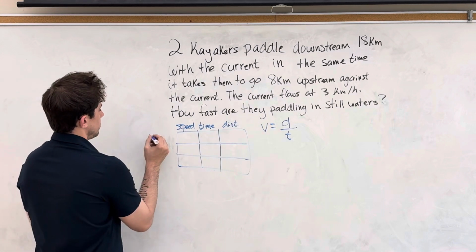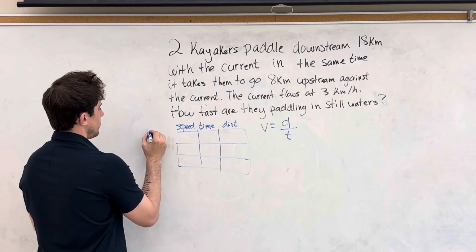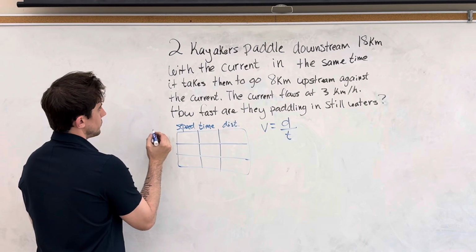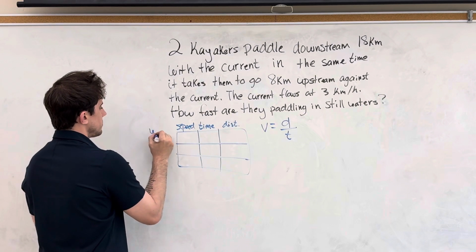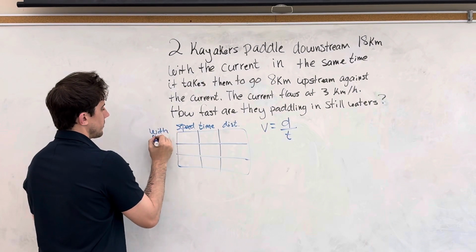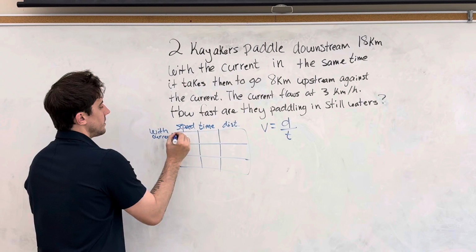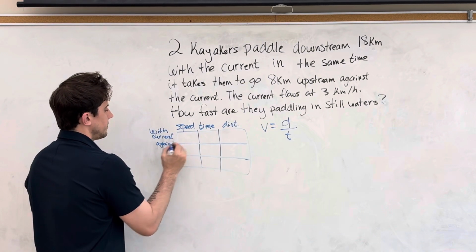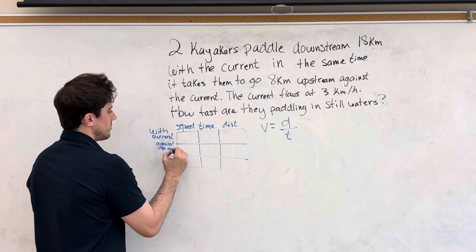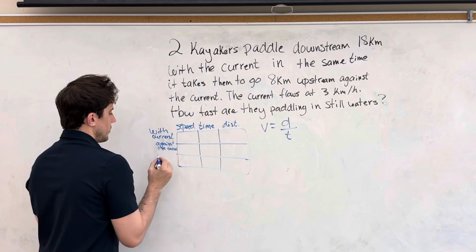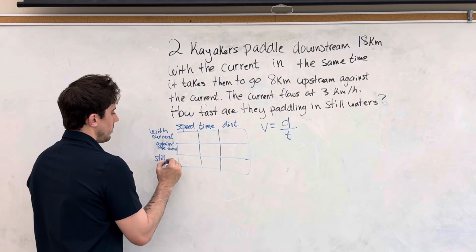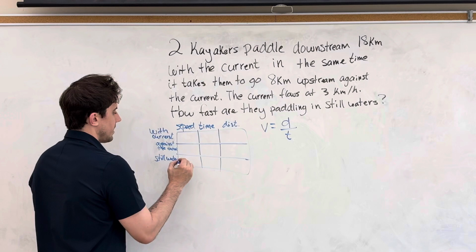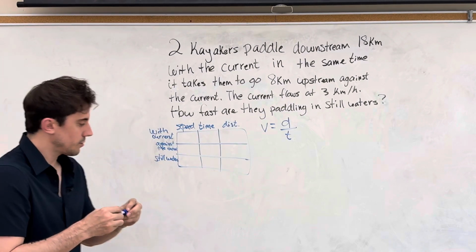Let's say first we'll do with the current in the first row. We'll go against the current in the second row. And we'll go in still waters in the last row. And we're going to break it up like so.